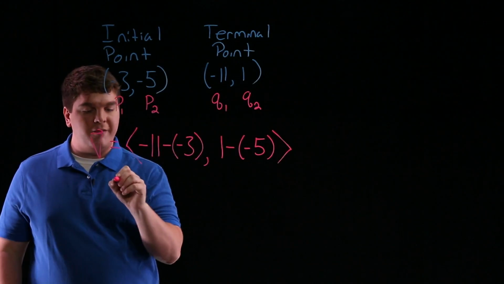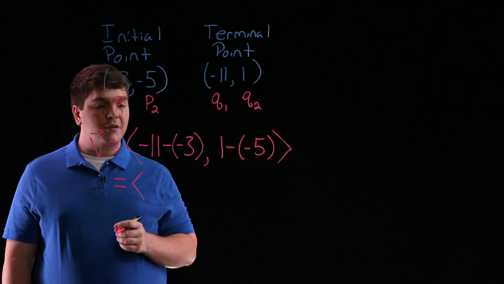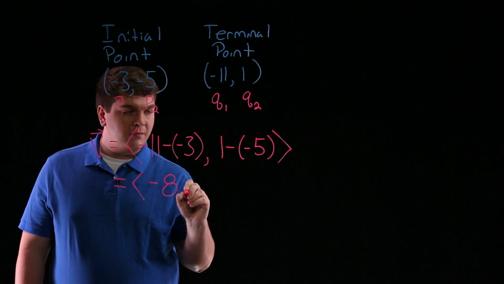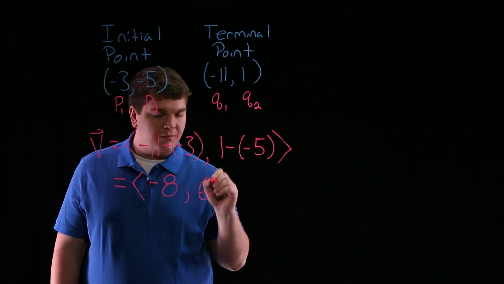Here we see that v is equal to the vector where the first component is -8 and the second component is 6.